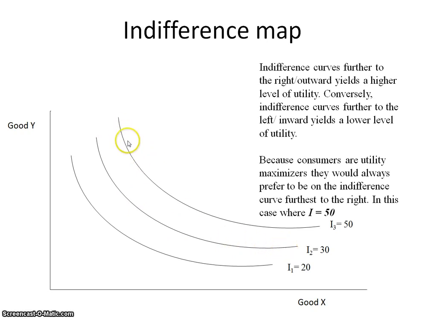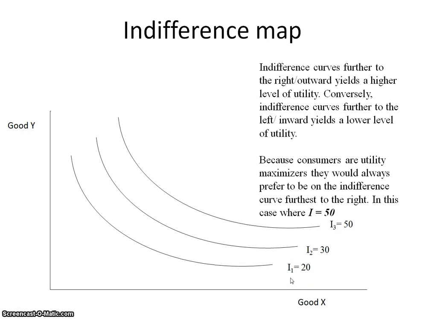And on I3, regardless of where the consumer chooses to consume of good Y and good X, every combination choice yields a value of 50. So if the consumer wants to get maximum satisfaction, maximum utility, they will prefer to be on I3 as opposed to I2 and I1, simply because I3 has the highest degree of utility, which is a value of 50.